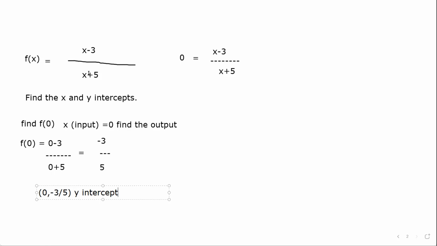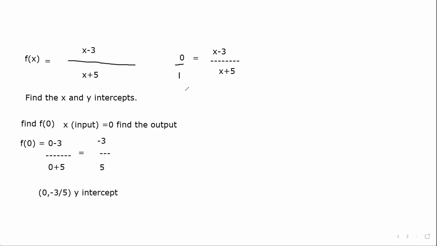Now, if I set this whole thing to 0 here, notice it's not just the input, it's this whole expression now, you see? Then I'm going to get an x number, and this might not be immediately apparent, so let me do it this way. We're going to cross multiply. Remember that trick?